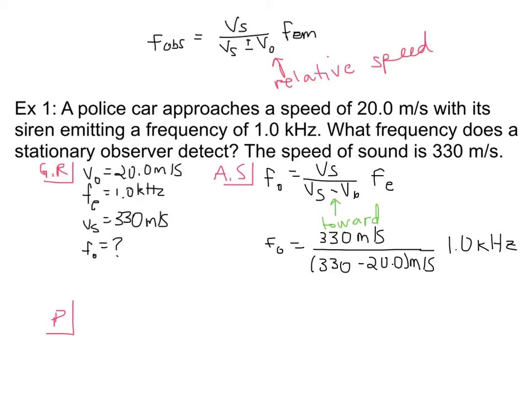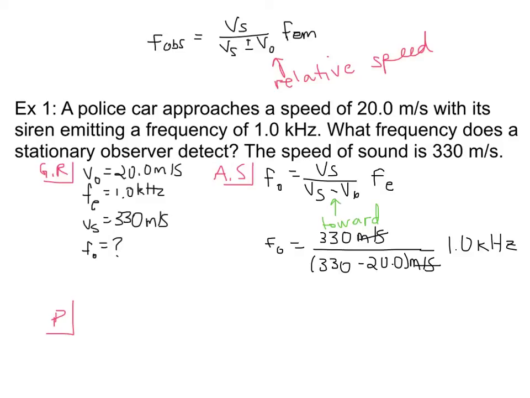Now you see that as long as we're using the speeds in the same unit, it doesn't actually matter what unit they're in, because meters per second divided by meters per second yields nothing. And the frequency, again, it doesn't matter what unit we use. Whatever you use is what you get out at the end.